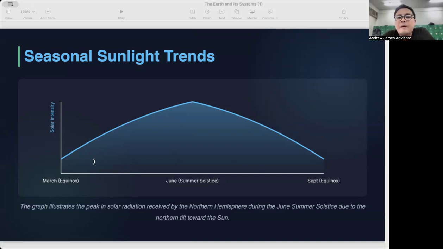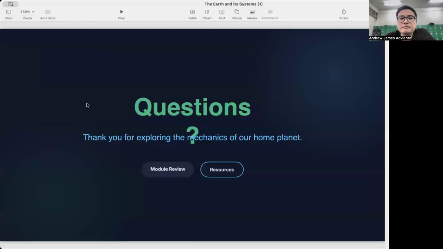Meanwhile, in December, we are tilted away from the light, and it is indirect and spread thin, which is what we call the winter. The equinoxes in March and September are the balance points, where neither hemisphere is tilted more than the other.